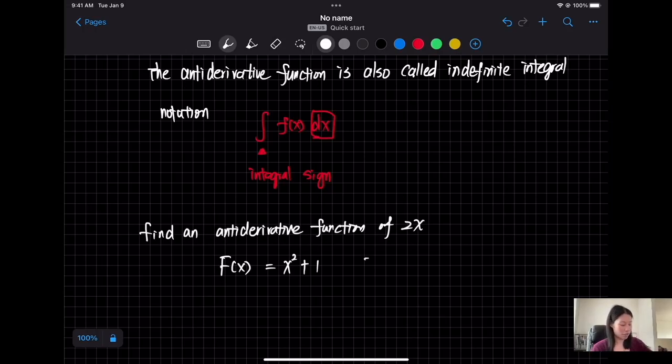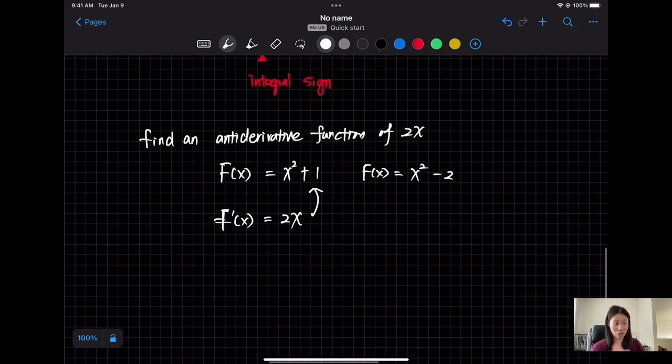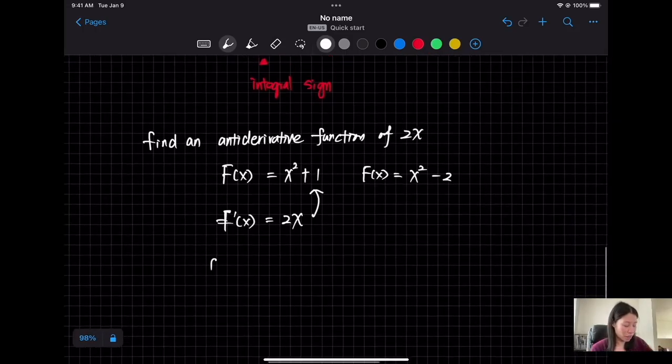Or f of x equals x squared minus 2, because when you take the derivative of this function, it equals 2x. So the antiderivative could be anything. If you want it to be more general, you can write the integral of 2x dx equals x squared plus a constant c.